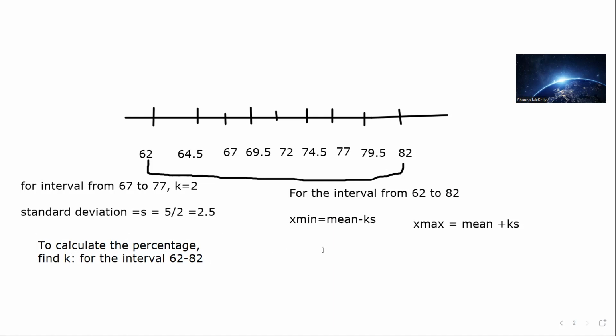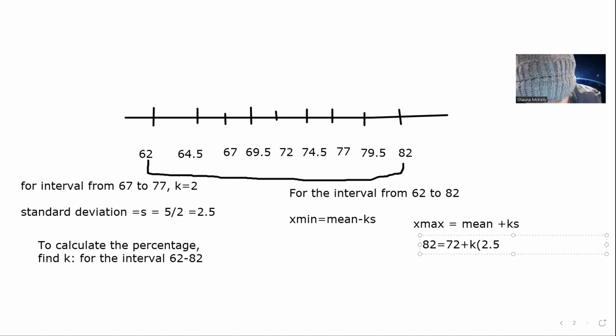So I'll do the max this time since I did the min last time. So 82 is equal to the mean, which is 72, plus K, which I don't have, times 2.5.